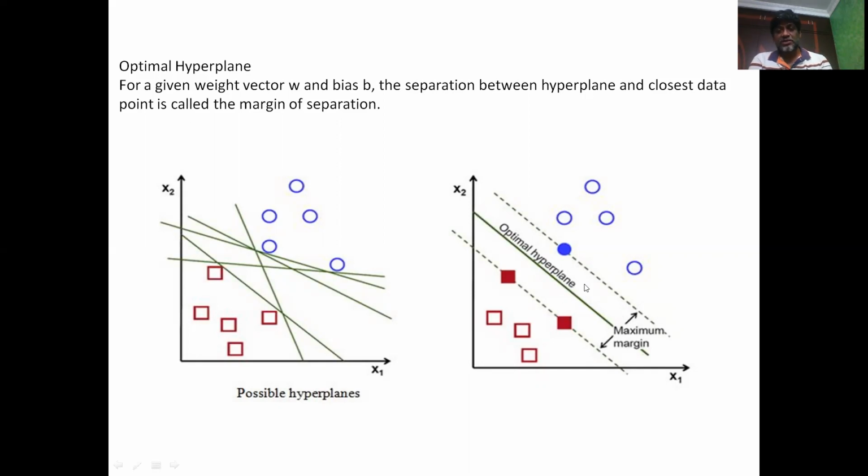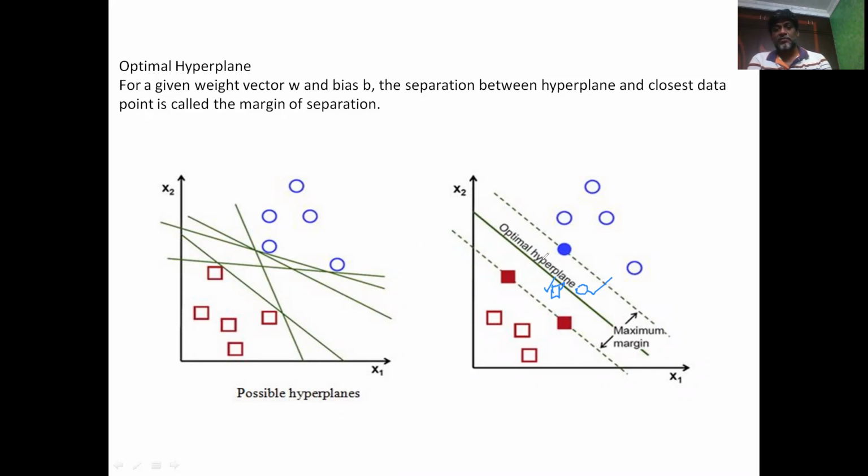What happens with this maximum margin is, even if some input pattern, which is a circle, is identified at this position, we can classify it correctly as a circle. And if this margin is increased, then we have a chance to identify everything that falls before this as a square. So there is a chance of increasing the correct predictions if the margin is as maximum as possible.